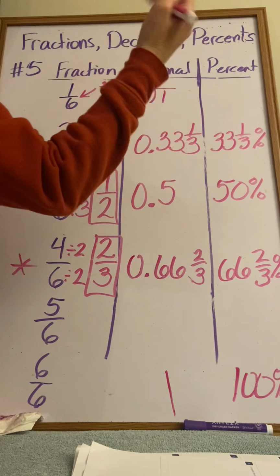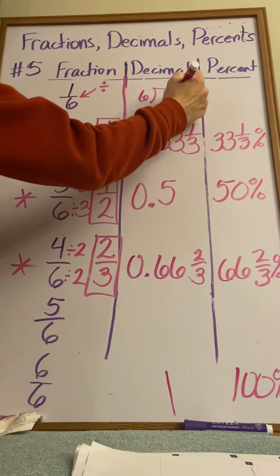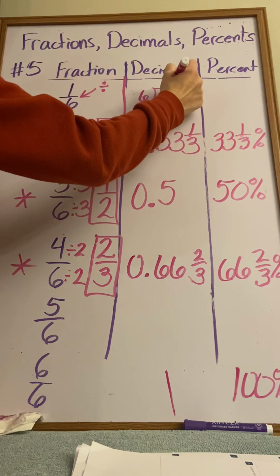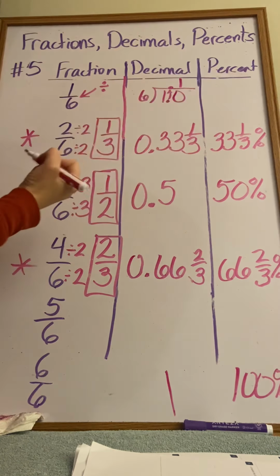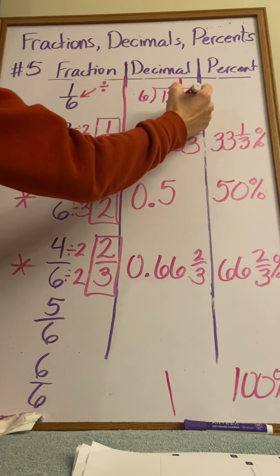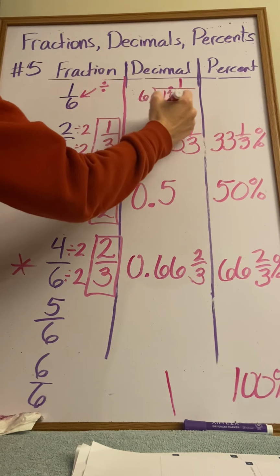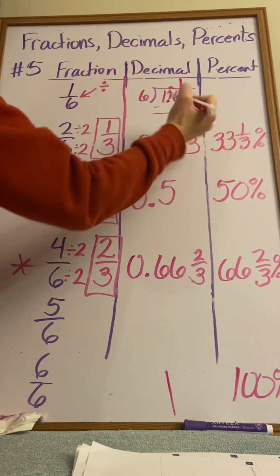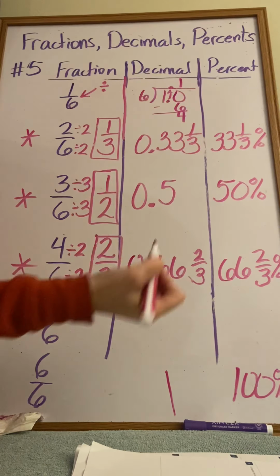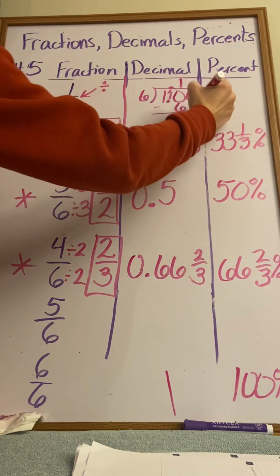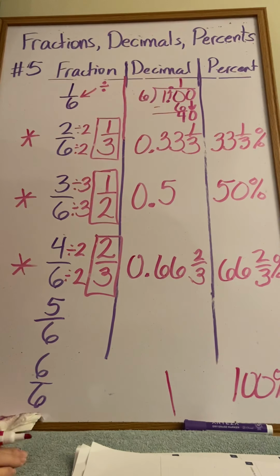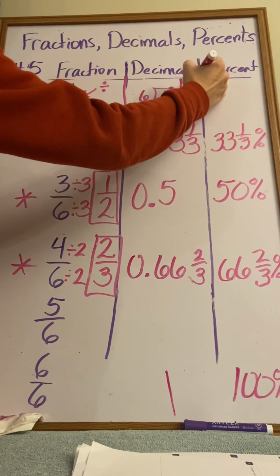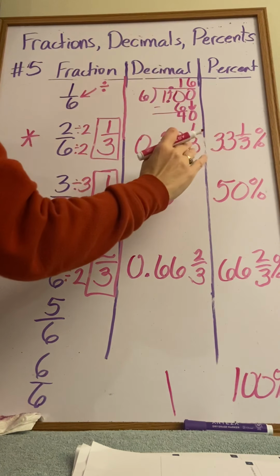6 won't go into 1. Nope. Put a decimal and a 0. Let's push that decimal up. 6 will go into 10 one time. 1 times 6 is 6. Subtract. 10 minus 6 is 4. We're not done. Put another 0 up there. 6 will go into 40 6 times. 6 times 6 is 36.